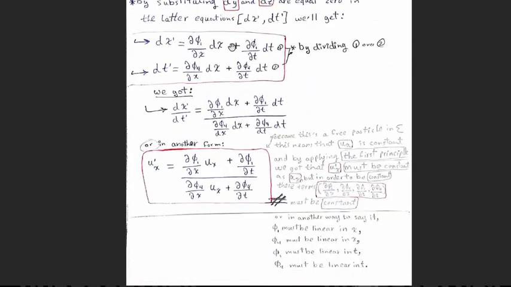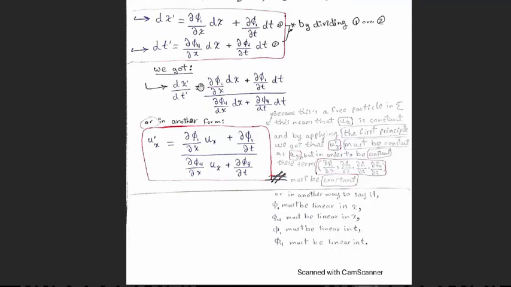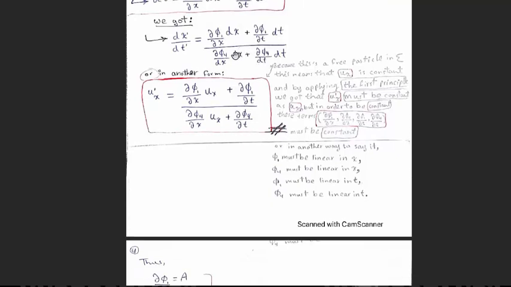So here's the new equation, and we get this equation by dividing by dt. When we divide by dt, dx over dt is a velocity, where dx is the distance and dt is the change of time.